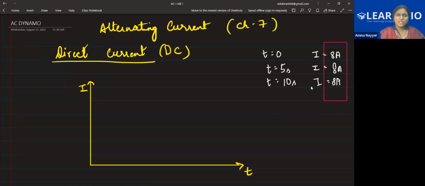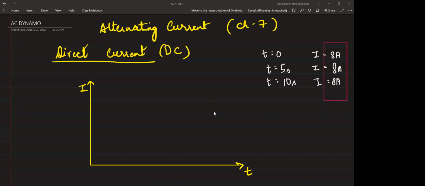So if I have a graph where I have time on one axis and current on the other axis, what kind of relationship do you see here? Current is constant with time.